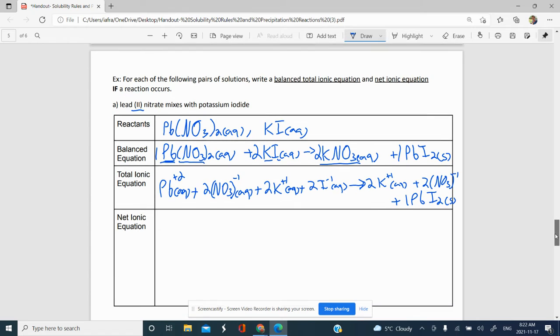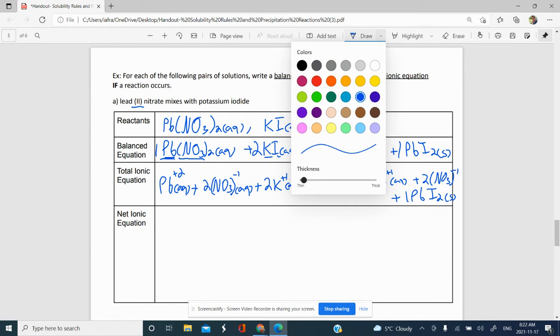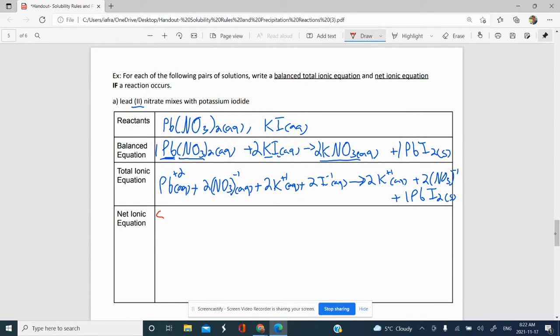So there is our total ionic equation. To find the net ionic equation, we need to find the spectator ions. Which ones are not really doing anything, which ones essentially appear on both sides unchanged? In other words, which ones are not in our precipitate? Our precipitate is PbI2, so K is not in our precipitate, and it appears on both sides.